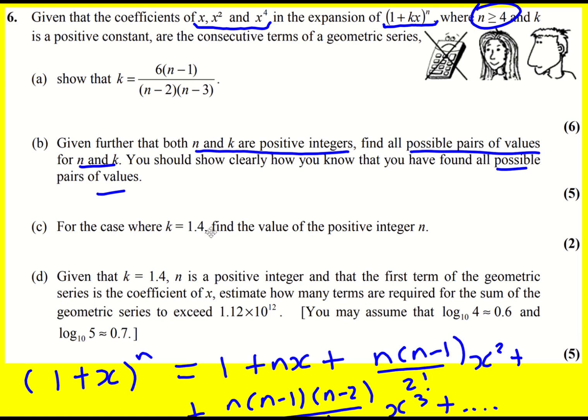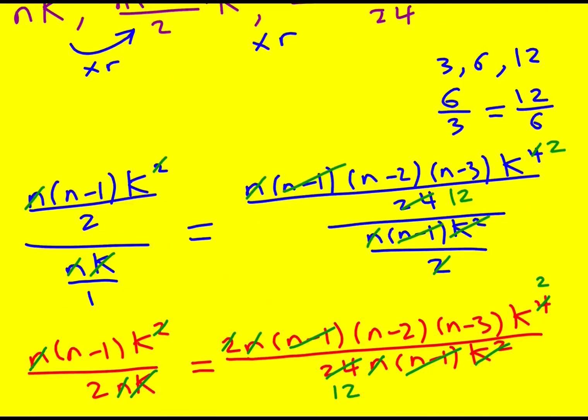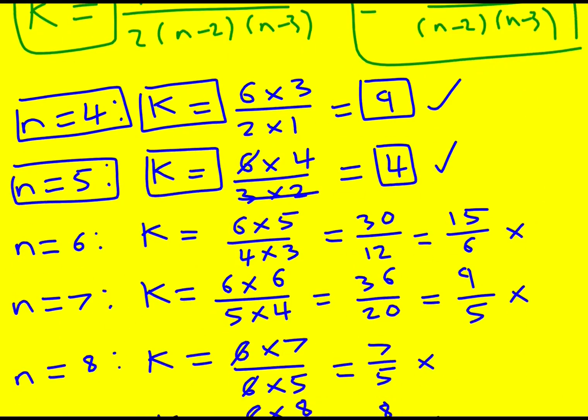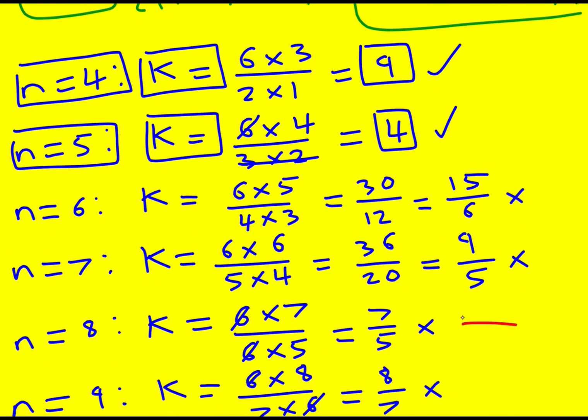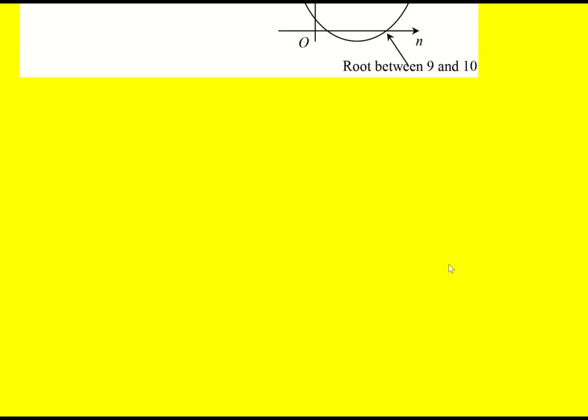So for the case where k is 1.4, find the value of the positive integer n. Well, notice 1.4 is actually 14 over 10 or 7 over 5. And I recall that we already found 7 over 5. Here it is. So actually, I don't think we need to do anything else.